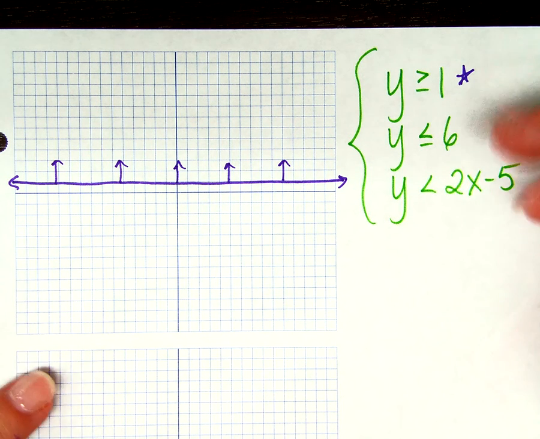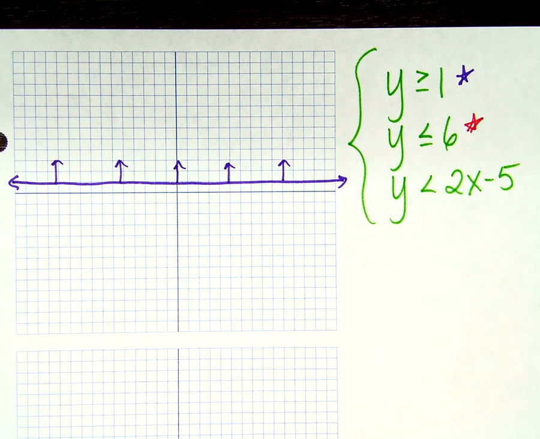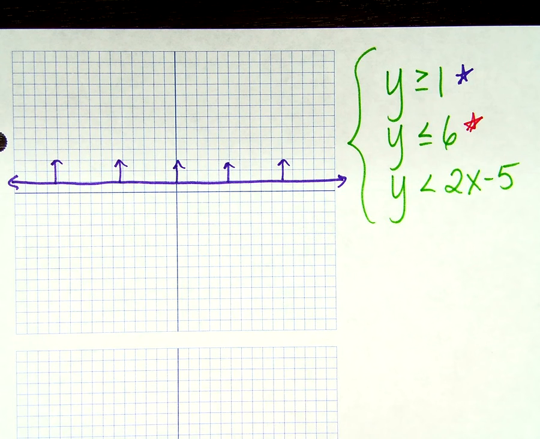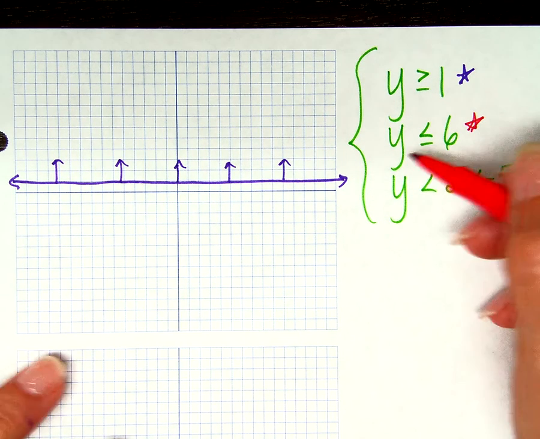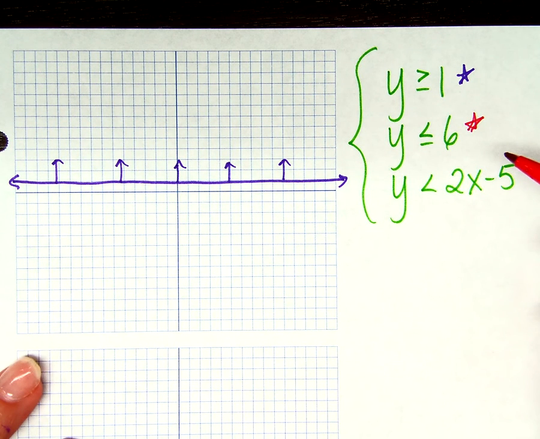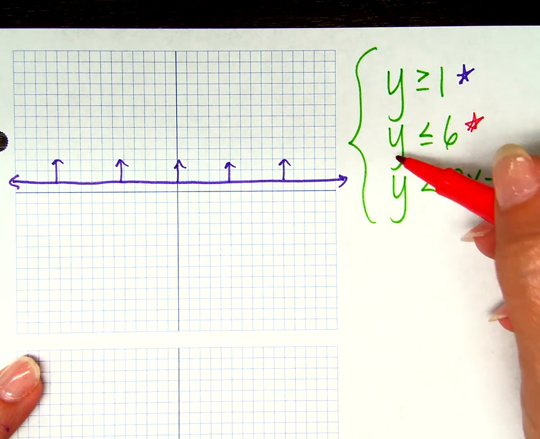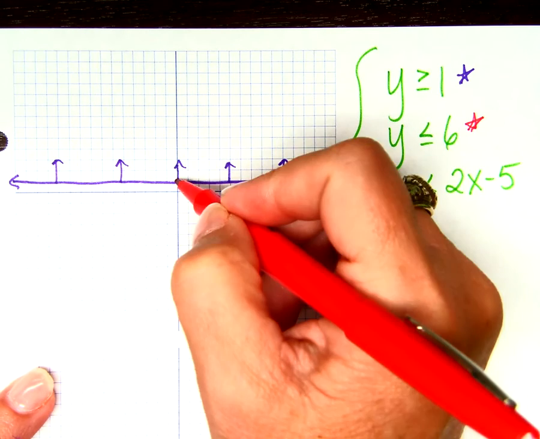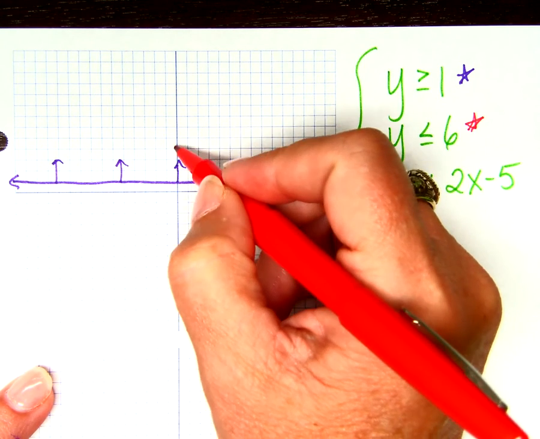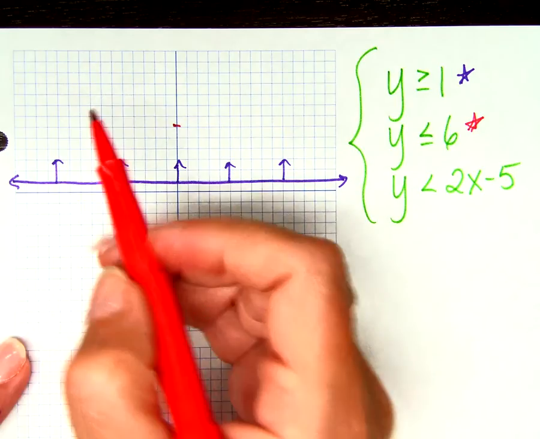All right, I'm going to graph the second line in red. How do I graph this line? So I go up 6. It's telling me which axis it's crossing and where. So 1, 2, 3, 4, 5, 6. It's crossing there.